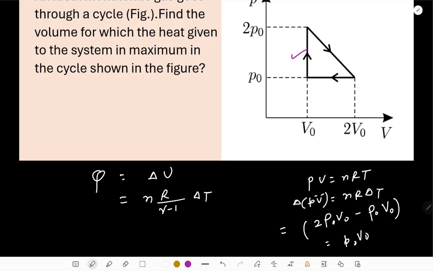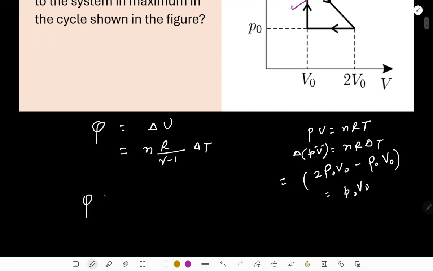So I'm going to write down this heat in terms of gamma minus 1. Gamma for monoatomic gases is 5 by 3, and then this is 1 by 5 by 3 minus 1.